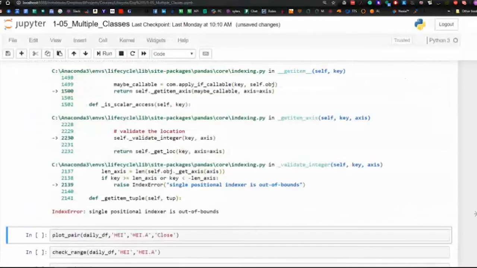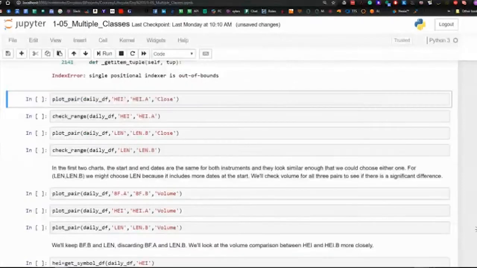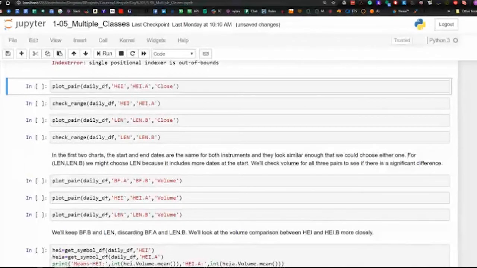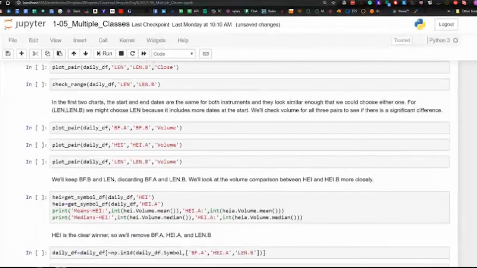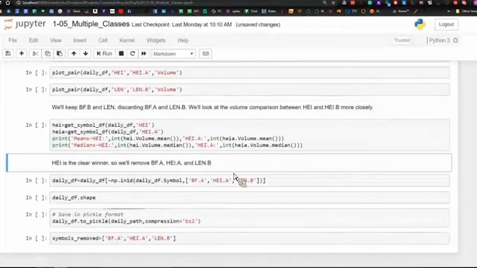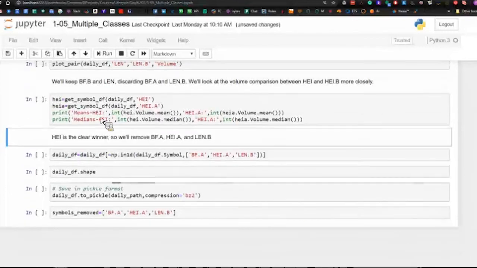So basically, we again go through the process of examining each of the pairs, and because we don't want the duplicate data, we decide using the charts and, in fact, the daily volumes, and there are significant differences here. For example, you get clear winners in the volumes of the different ones.